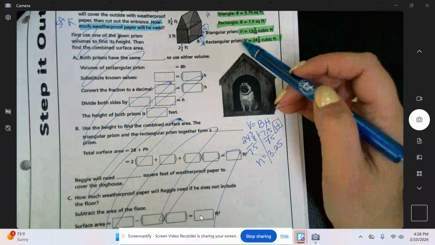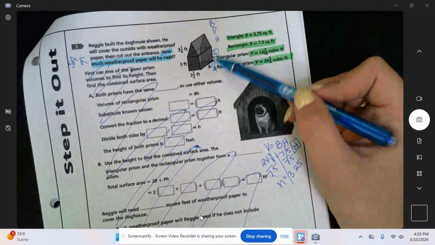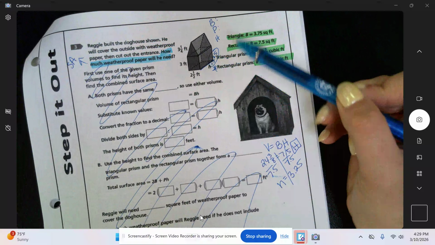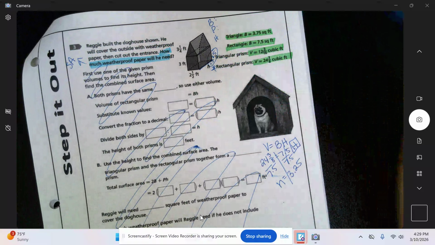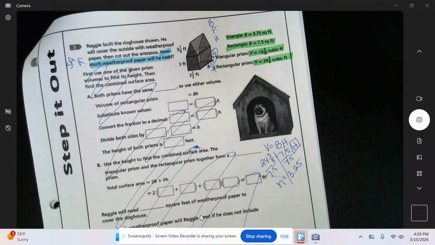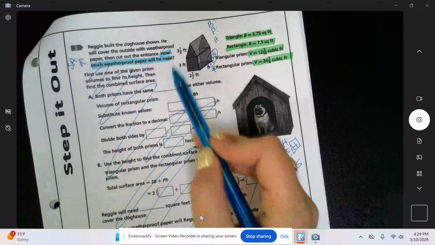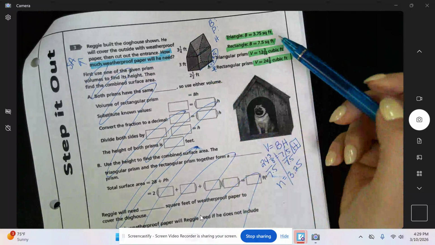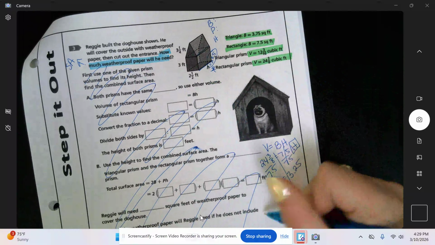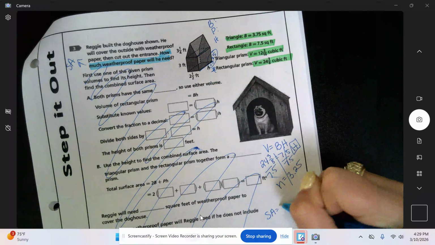So now we're going to find the surface area of these two. However, if you think about it, we're covering this shape, so we need to use the surface area formula. We'll start with that.